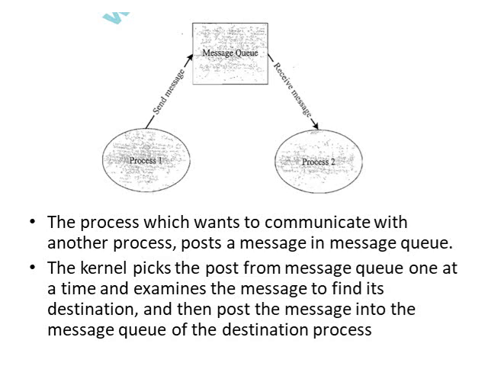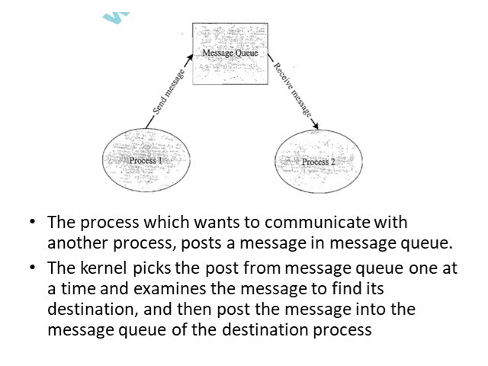Process 1 sends the message, but the message goes into, or is posted into, the message queue. Here the kernel keeps on checking the posts in the message queue one at a time. It examines which process the message is from and what the destination process is.